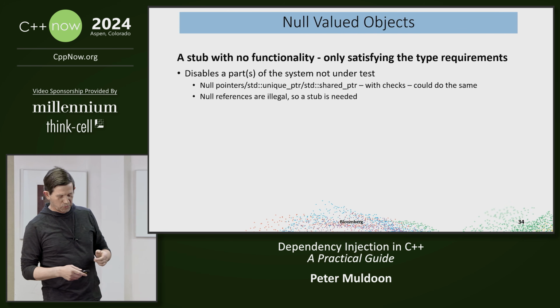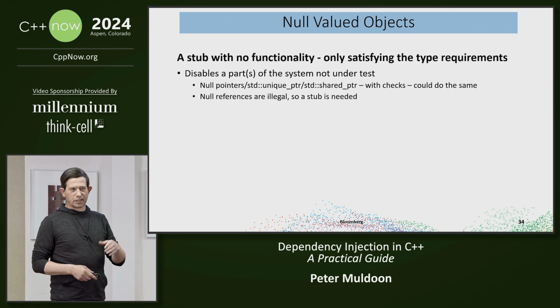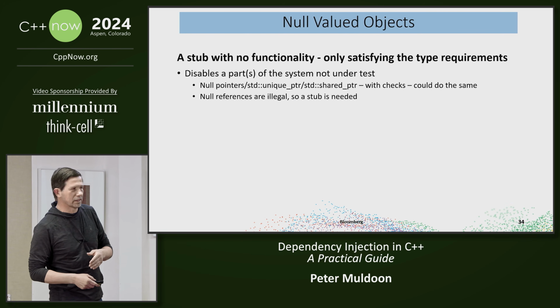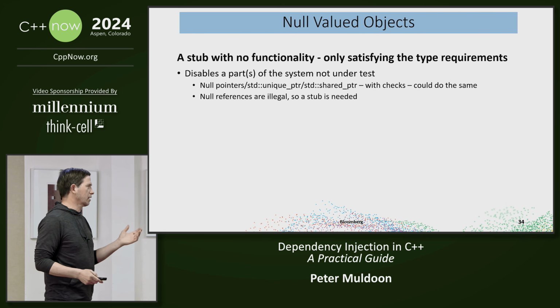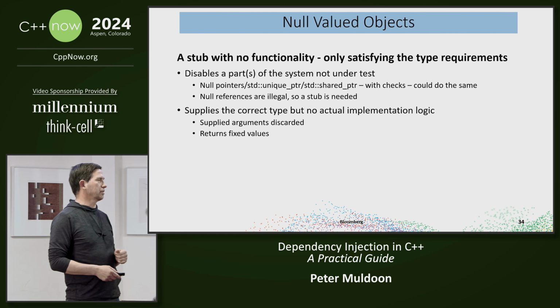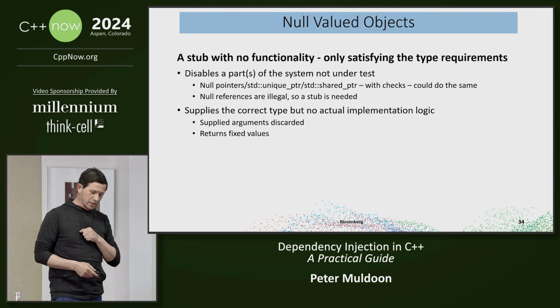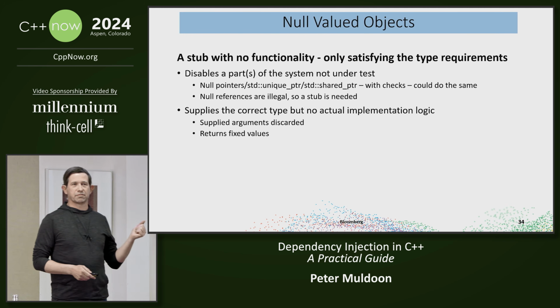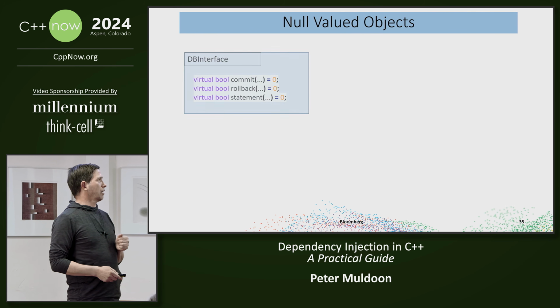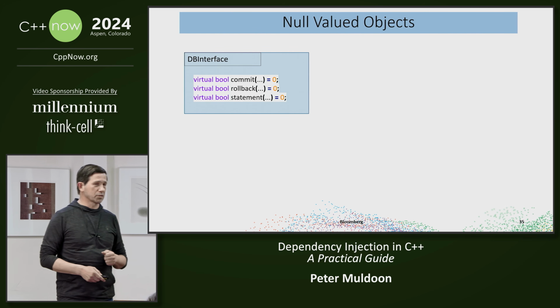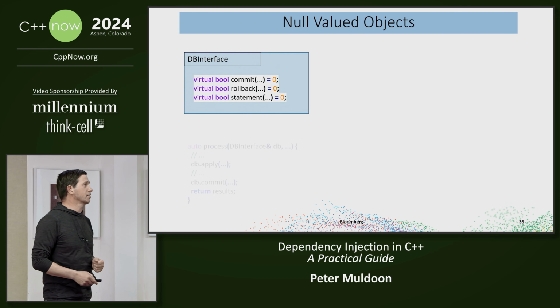I mean, we could do it with pointers and just say, if a null pointer, don't do anything, but we prefer value semantics and you can't have null references. So we usually have something, like I say, that supplies the correct type. The arguments that you're given are discarded, and you just return a fixed result, right? And that will look like this: here I have a DB interface with the normal operations you would have.